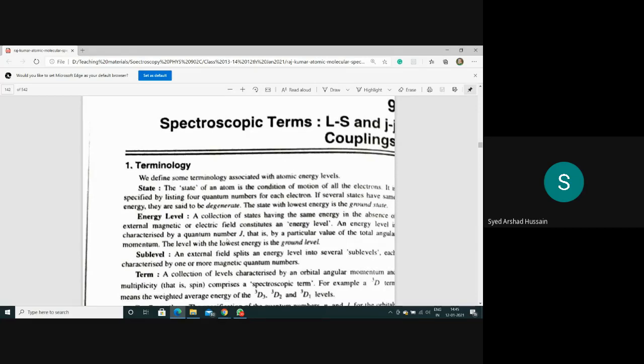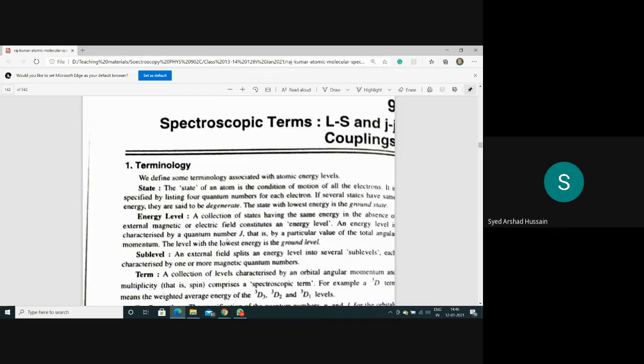Now, normally the energy of the electrons is mainly related with the Hamiltonian of the atom, and this is mainly related with the kinetic energy and potential energy.